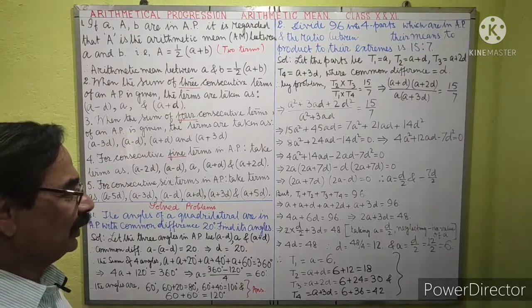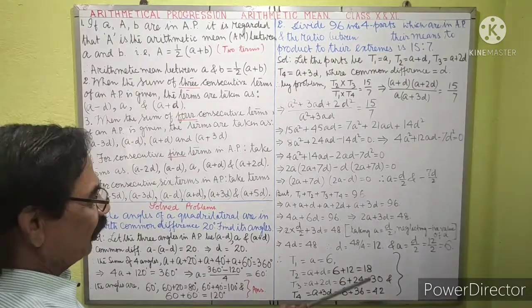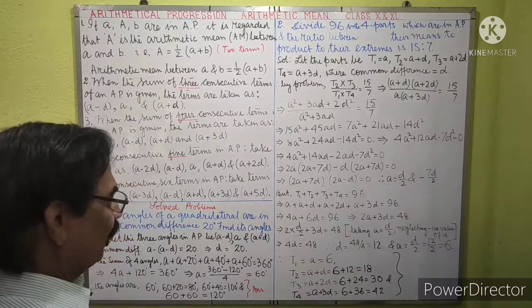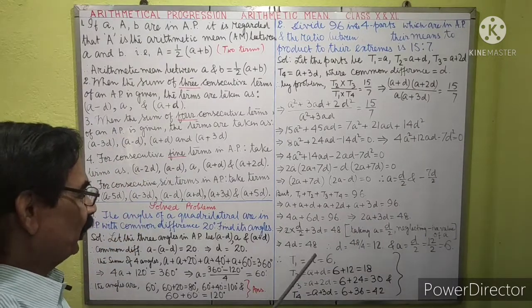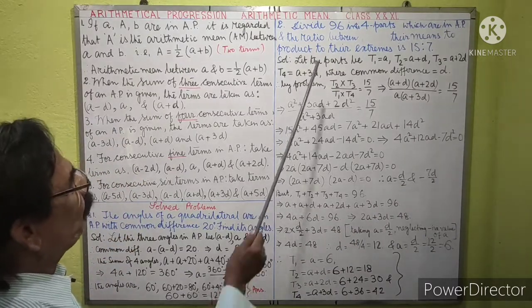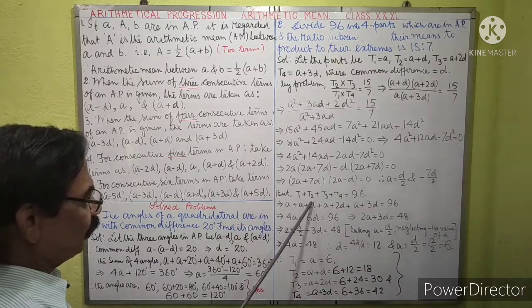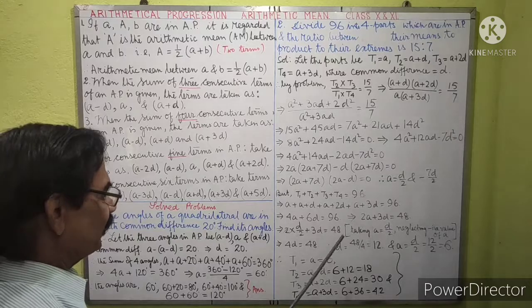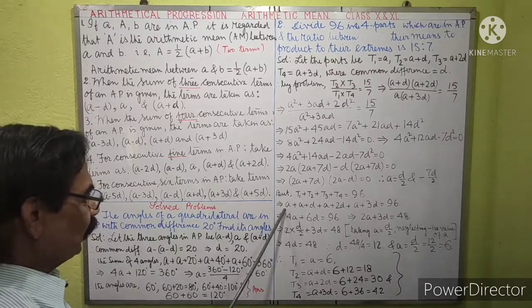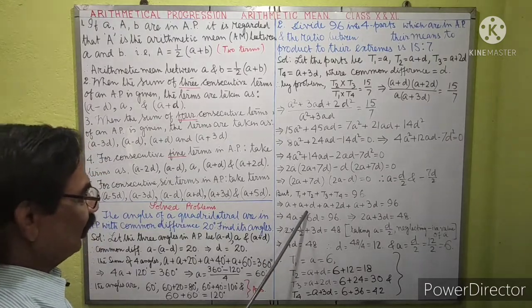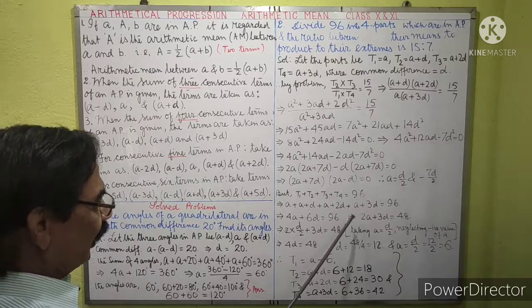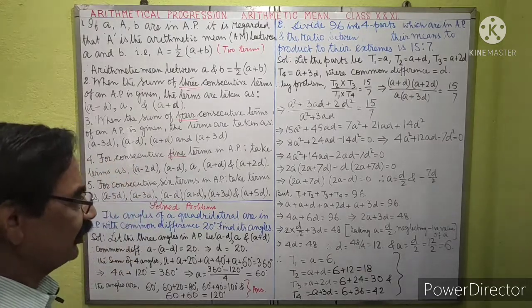We will neglect the negative value of a and take only the positive value. But it is given that the four parts sum to 96. T1 plus T2 plus T3 plus T4 equal to 96. Now T1 equal to a, T2 equal to a plus d, T3 equal to a plus 2d and T4 equal to a plus 3d, sum equal to 96.